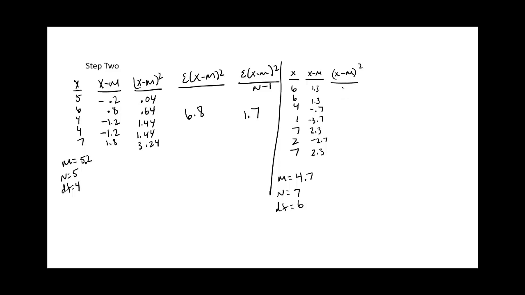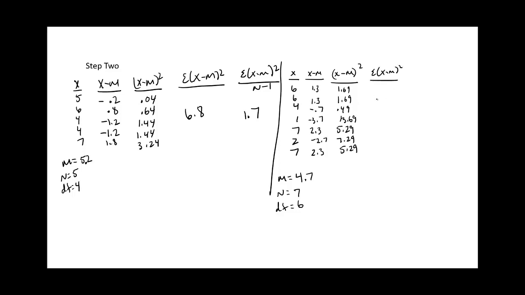Those figures squared are equal to 1.69, 1.69, 0.49, 13.69, 5.29, boy, this is boring, isn't it? 7.29, and 5.29.